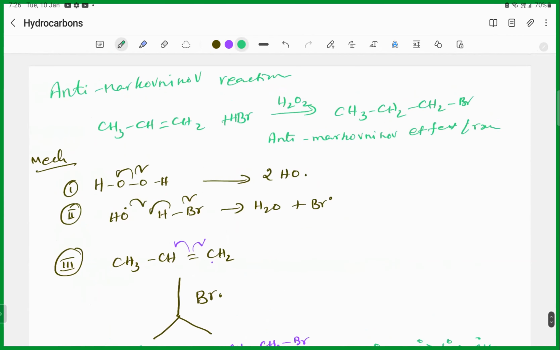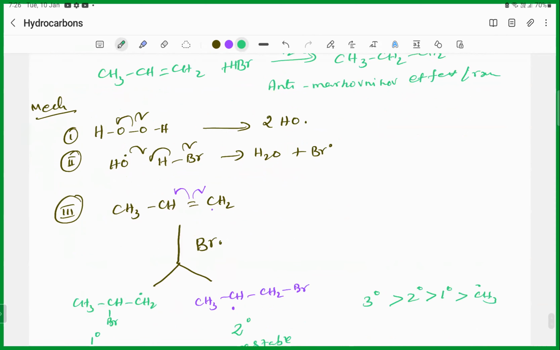So what is the difference between Markovnikov and anti-Markovnikov? In Markovnikov, when an unsymmetrical reagent is added to an unsymmetrical alkene, the negative part of the reagent goes to the double-bond carbon which bears the least number of hydrogens. This is the Markovnikov rule. In the anti-Markovnikov rule, you reverse it. The attacking radical will go to the carbon such that the other part gives the more stable free radical.